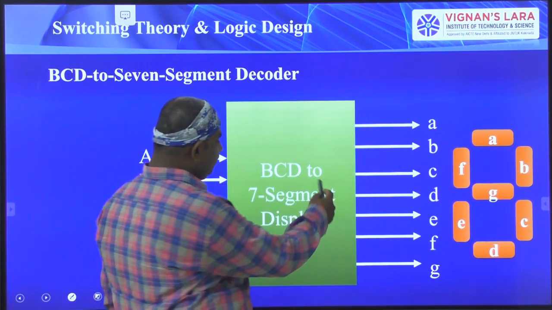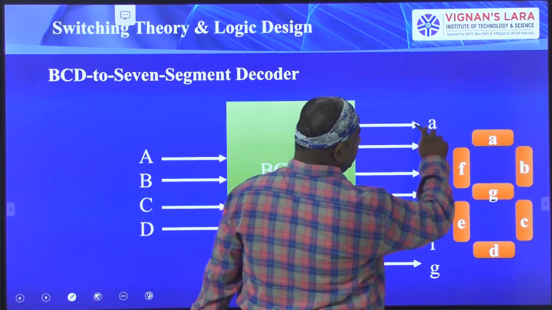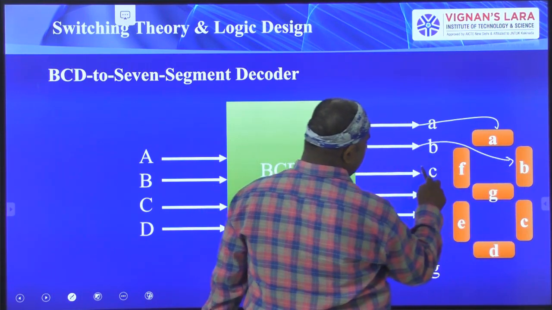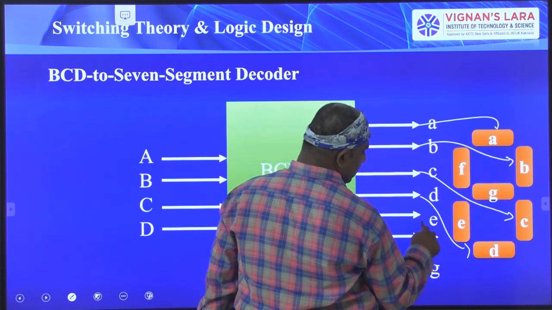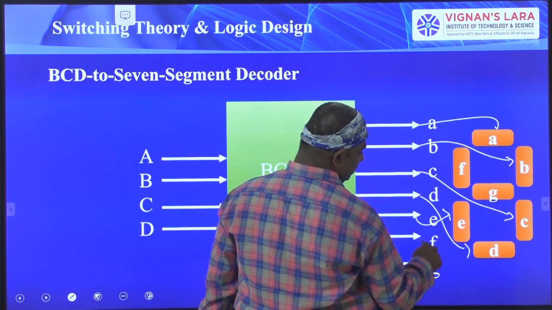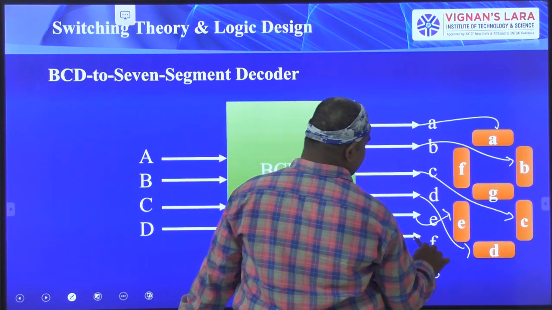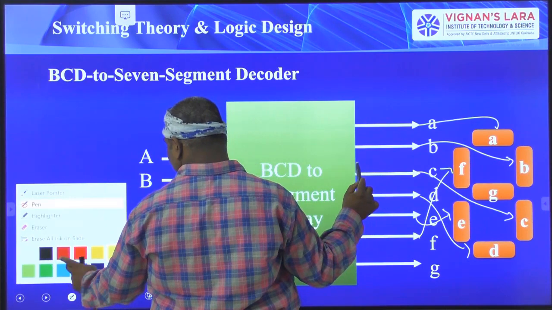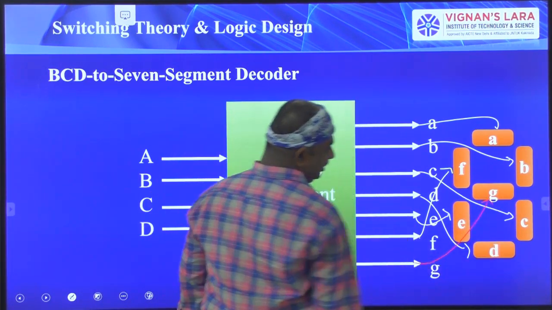So see here, from this BCD to 7 segment display decoder, this A is connecting internally to the A, and it is connecting to the B, and C is connecting to here, and D is connected to here, and E is connected to here, and F is connected to here, and next this G is connected to here, right?